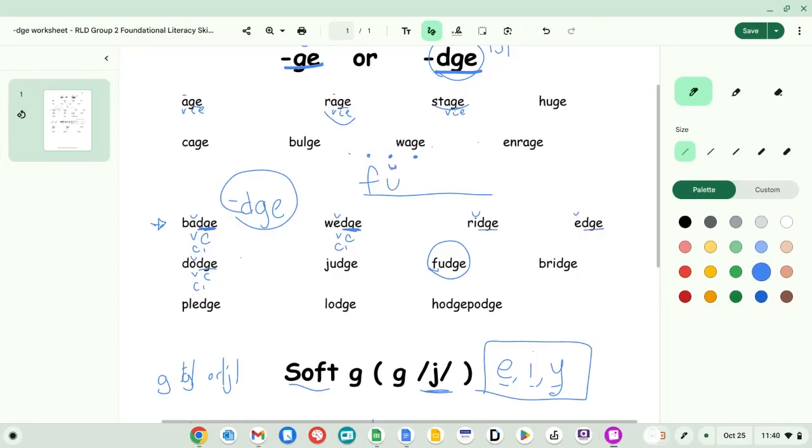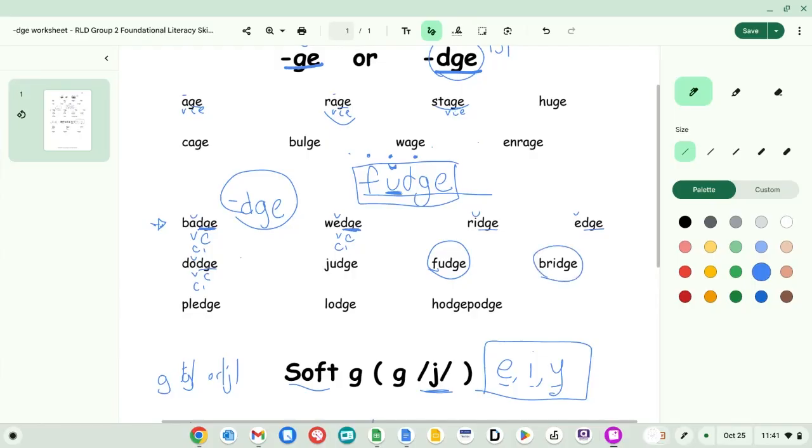And we want to bring their attention, that U was a short U, so it's D-G-E. We want our students to remember that the rule is I spell J with a D, G, E after a short vowel in a one-syllable word.